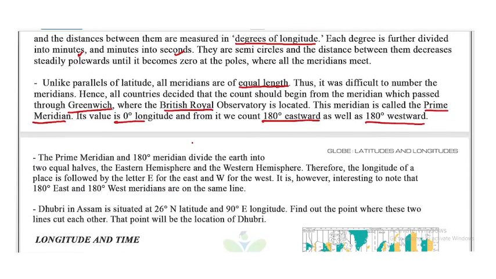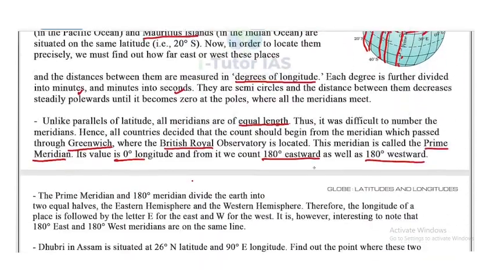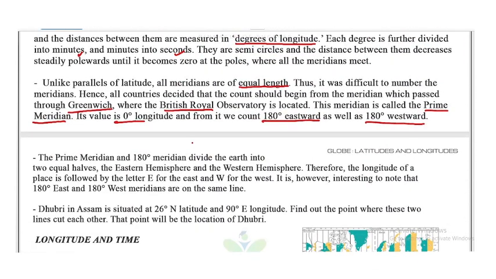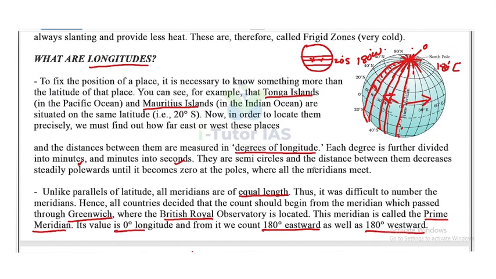The prime meridian and the 180 degree meridian divide the earth into two equal halves, the eastern hemisphere and the western hemisphere. The equator divides the earth into two parts, the northern hemisphere and the southern hemisphere.